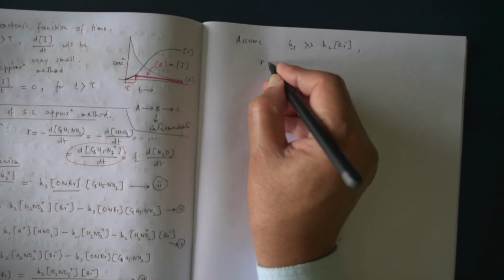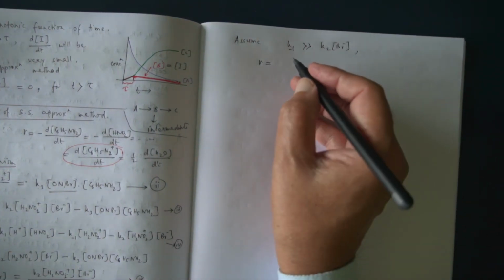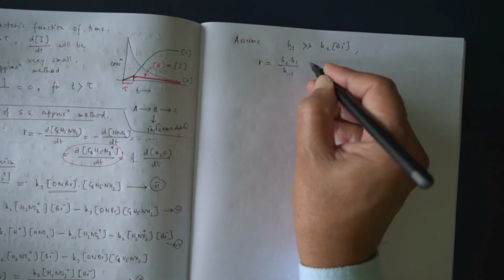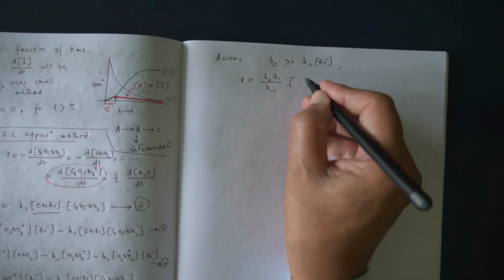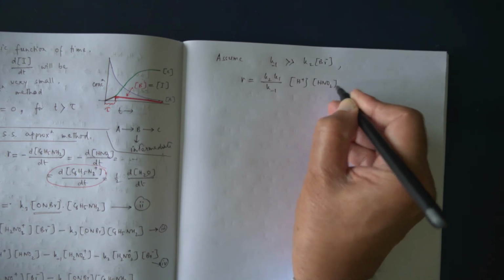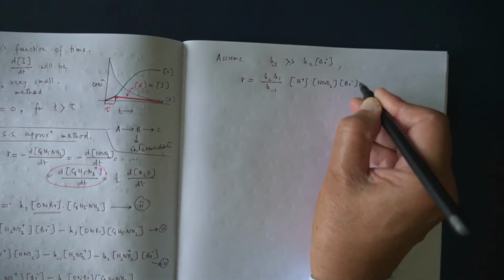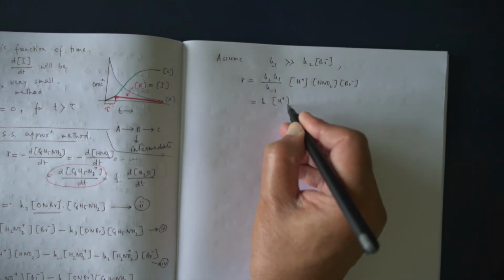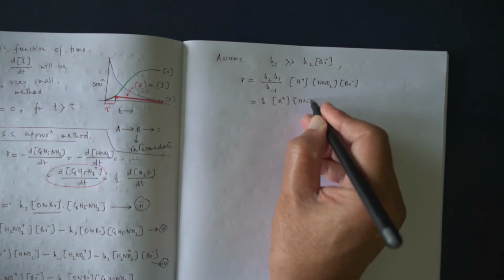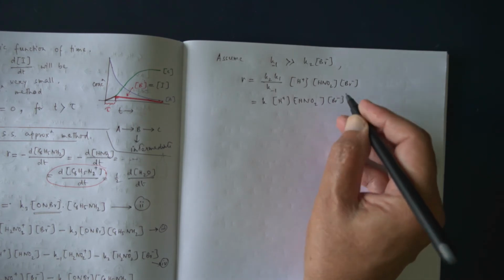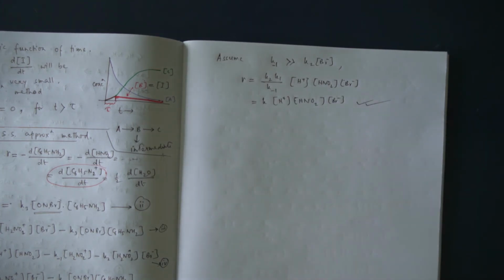Then R will be equal to K2 K1 over K−1 times [H+][HNO2][Br−], and that is equal to K [H+][HNO2][Br−]. So we are getting this if we assume this.